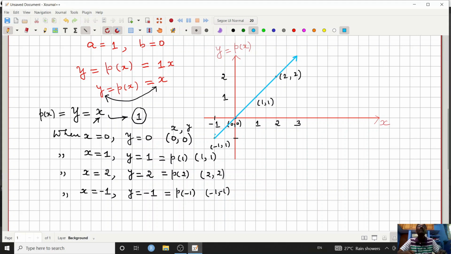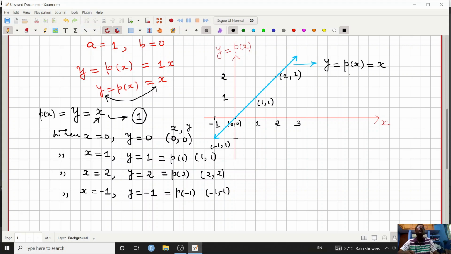This is an equation of a straight line. This straight line is represented by the polynomial y is equal to p of x is equal to x.